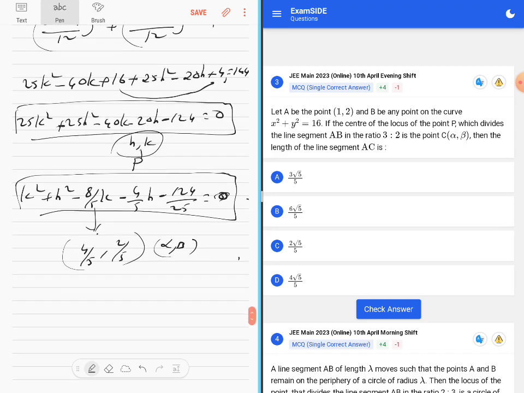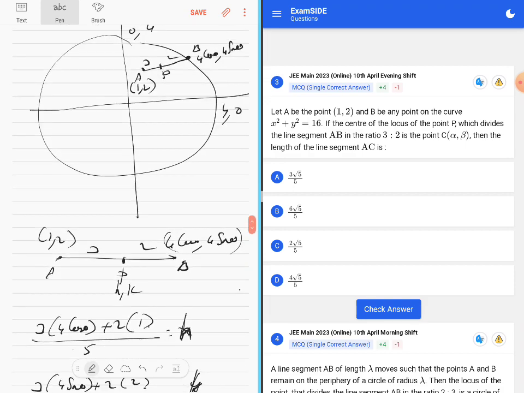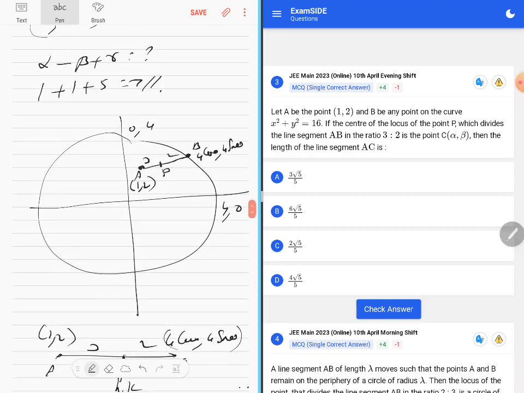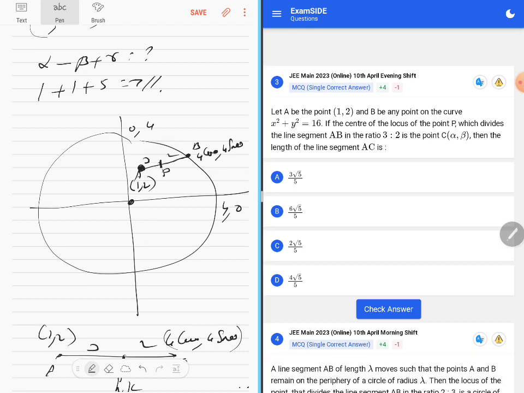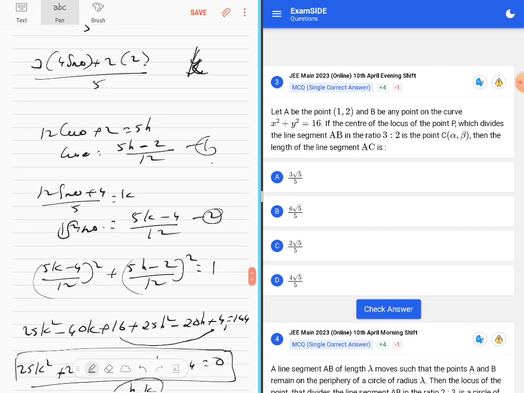Now find the length of segment AC. Where is A? Where is C? C is the center of that other circle which is the locus of the point P. So that center is only (alpha, beta), and we need the distance between (1, 2) and (alpha, beta).